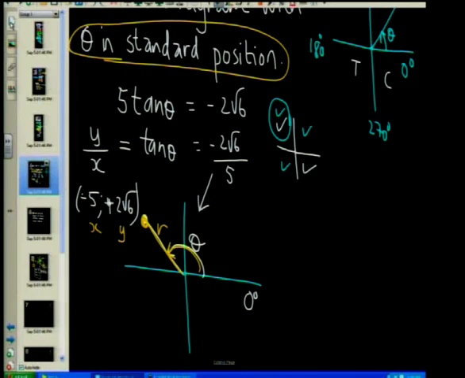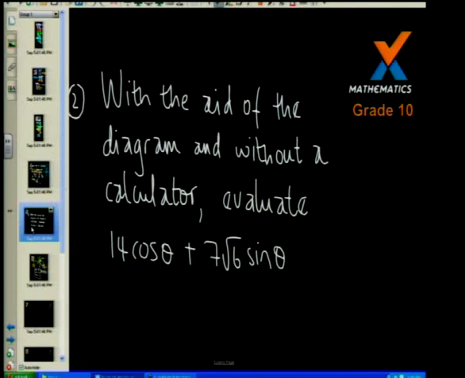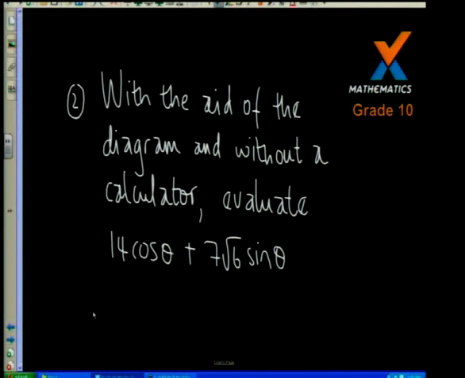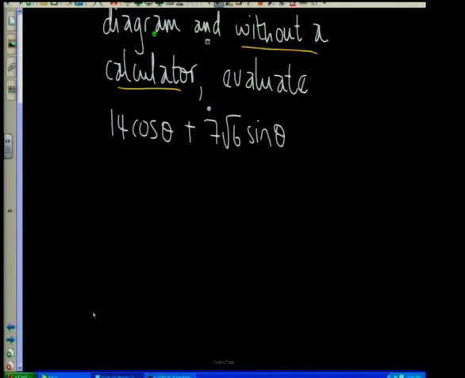Okay, now to end off, we will look at, with the aid of the diagram that we've just drawn and without using the calculator, evaluate what 14 cos theta plus 7 root 6 sine theta would look like. Well, the definition of cos theta would be x over r, and 7 root 6 times sine theta, that would be y over r. So we could now substitute in.